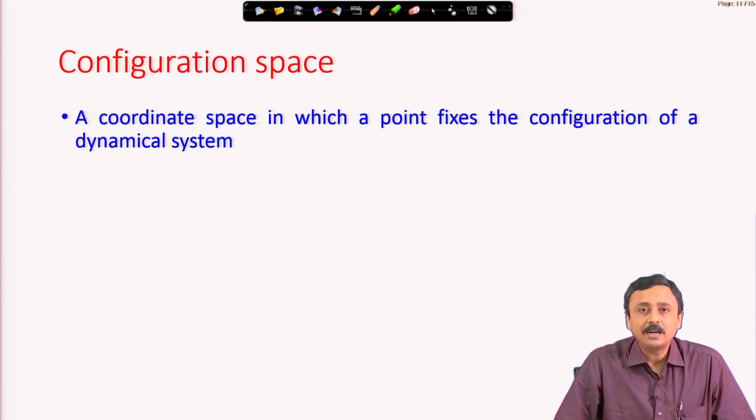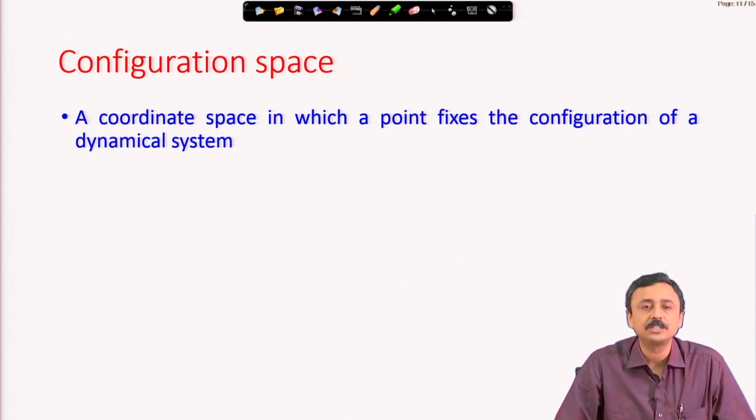So, we will start by discussing what is known as the configuration space of a dynamical system, and this can be very general. It need not necessarily be some coordinate; for example, in thermodynamic systems, coordinates can be temperature or pressure, and you can formulate things in terms of what is known as the configuration space and the configuration space coordinates.